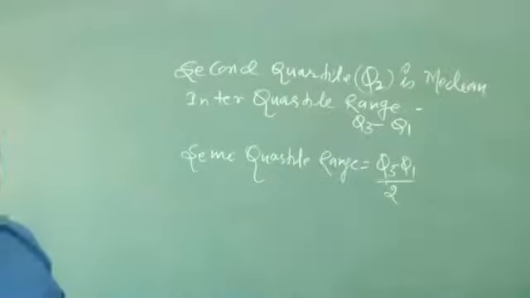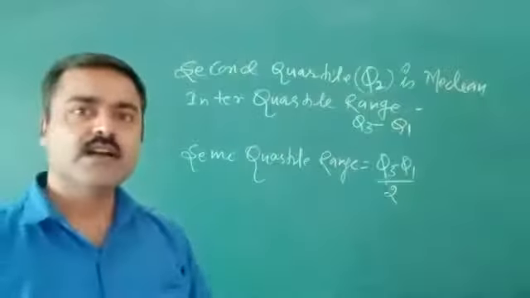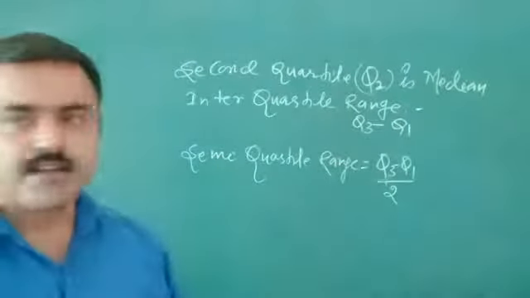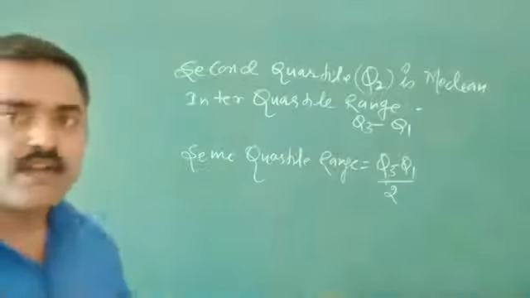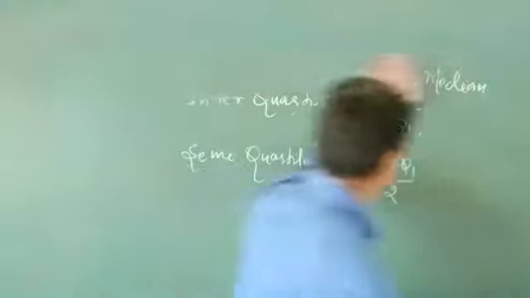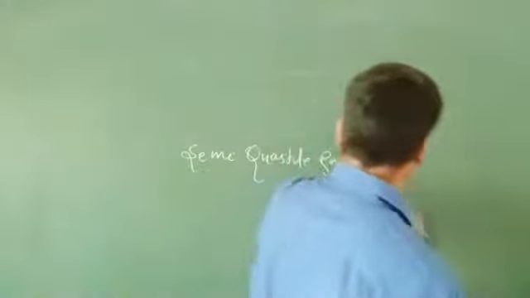Interquartile range Q3 minus Q1, semi-quartile range Q3 minus Q1 divided by 2 will be semi-quartile range. So these were the basic concept of quartile.